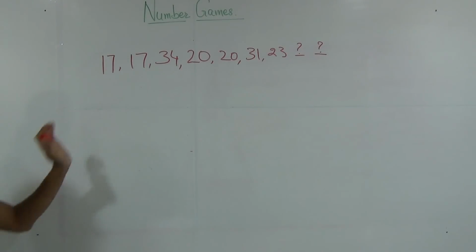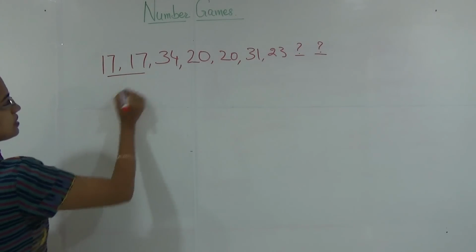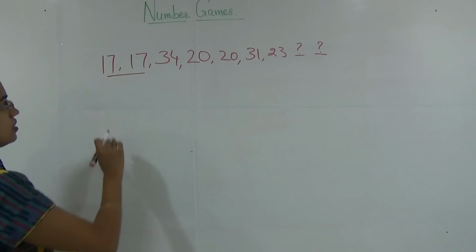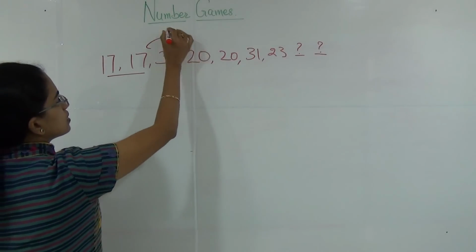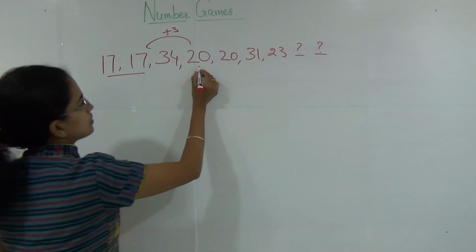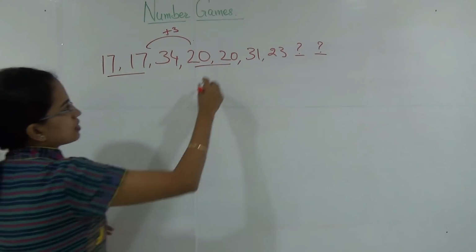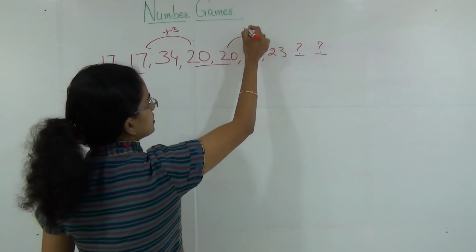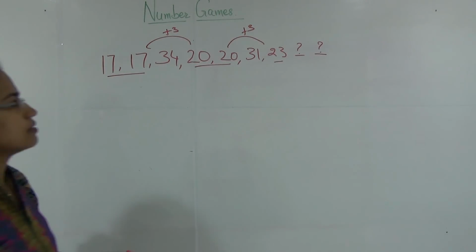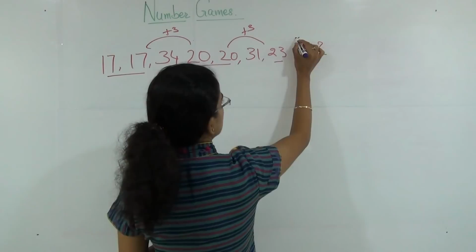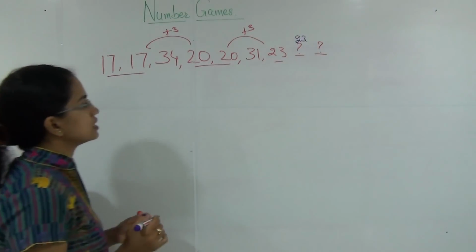Here we can see you have 17 and 17. So you have a number, you repeat that number, you add 3 to that number, and then you again repeat it. Then you again add 3 to that number. So that means again you should repeat this number. So the next number here should be 23, obviously.